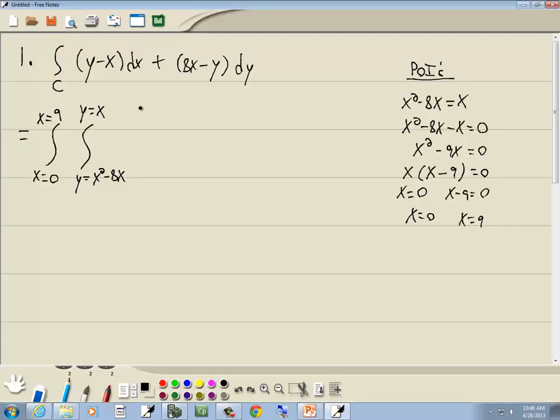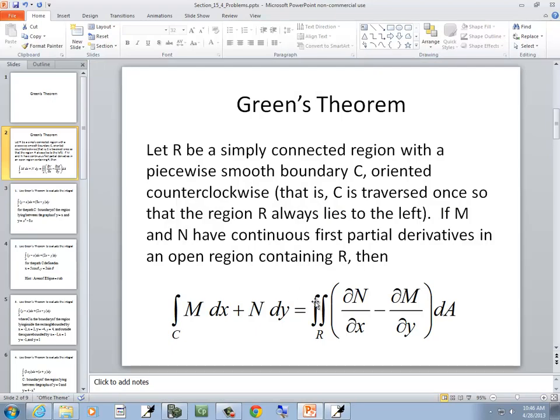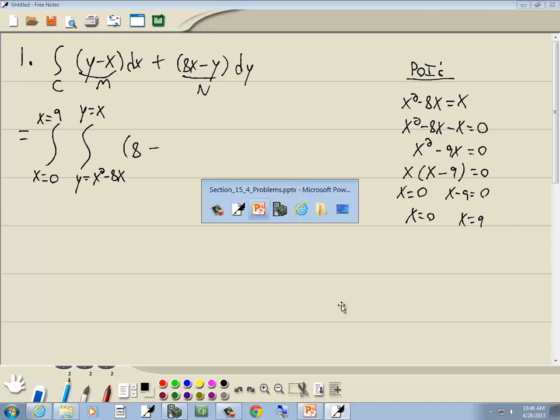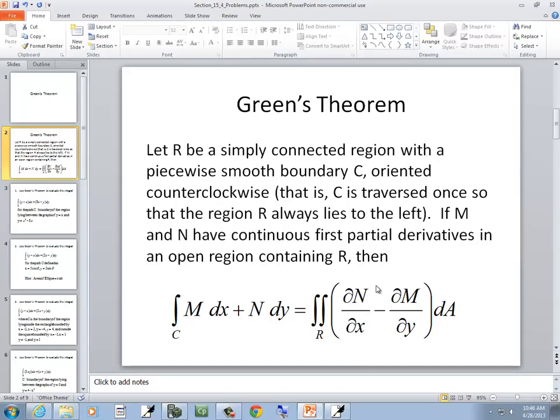Partial of N with respect to x. Well, this is M here and this is N. So partial of N with respect to x, taking the derivative of 8x minus y with respect to x, that gives us 8. Minus partial of M with respect to y.